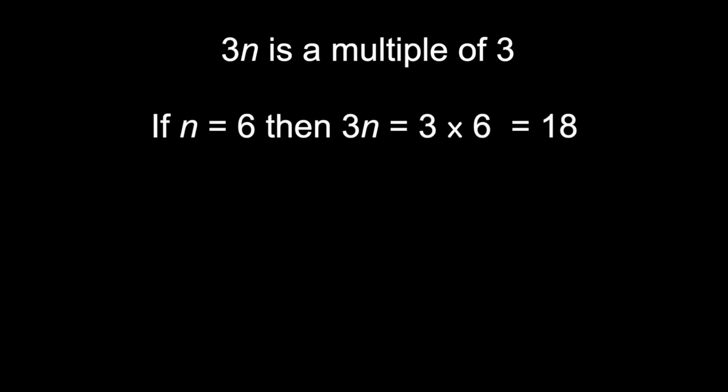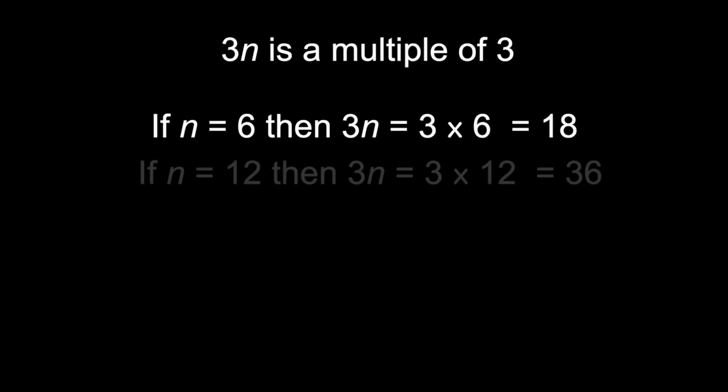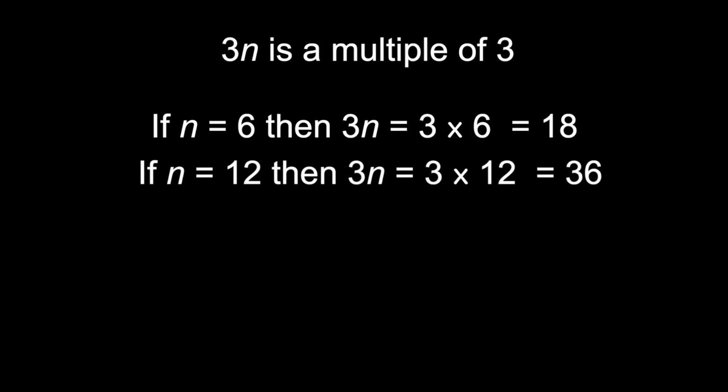If we had 3n, this is the general rule for the 3 times table, where 3n is a multiple of 3. So if n is equal to 6, we have 3 multiplied by 6, which is equal to 18. And if n is equal to 12, we have 3 multiplied by 12, which is equal to 36.